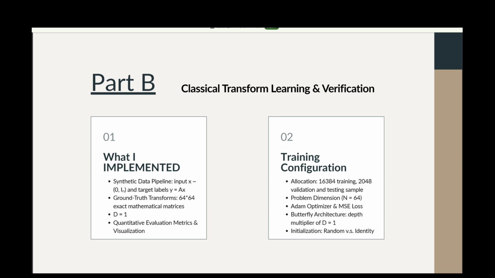Okay, so I'm going to present part B of our project, which is classical transform learning and verification. First, we'll look at section 01, which is what I implemented. I created a synthetic data pipeline where the input x follows a normal distribution and the target labels y equal a times x.